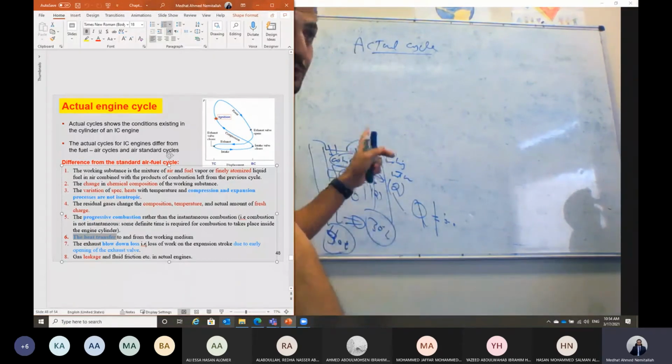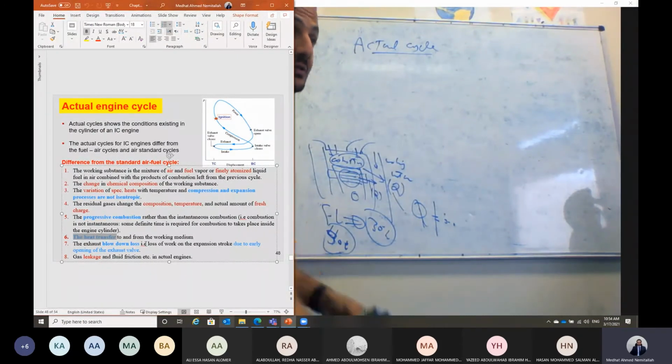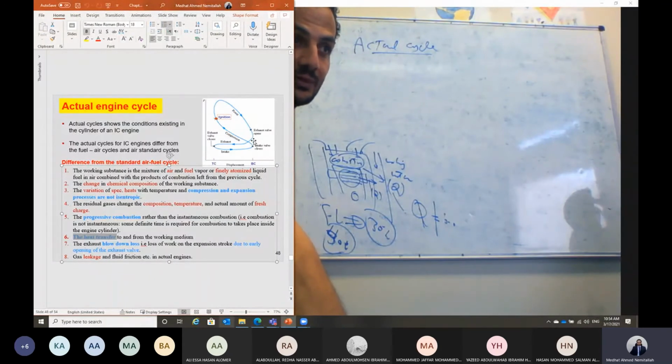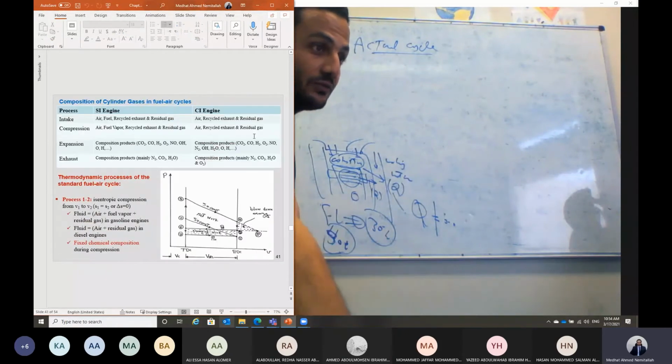And also the blowdown energy is bigger than in the case of the fuel air cycle, the energy losses in the exhaust valve. Because in the real case, the exhaust valve does not open at the bottom dead center, like in the fuel air cycle. In the fuel air cycle here, I just removed it from the board, you can see at point 4, the exhaust valve opens at the bottom dead center.